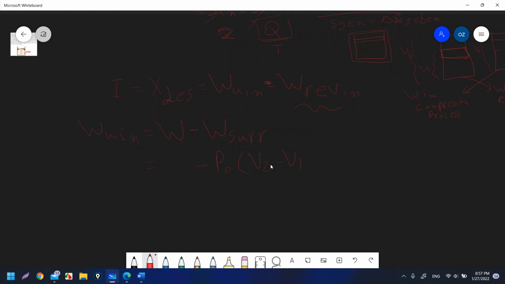What is the work in this system? Always when we have a piston cylinder device, the piston is moving. In this case, it is moving down, and it is a compression process. So there is a moving boundary. If I take my control volume as the refrigerant inside, that is my control volume.